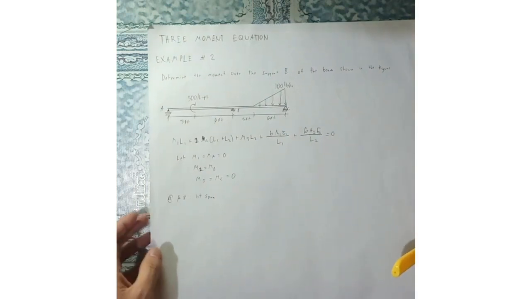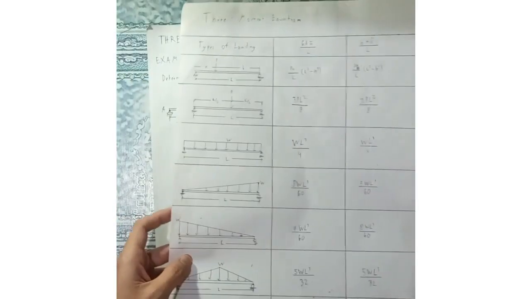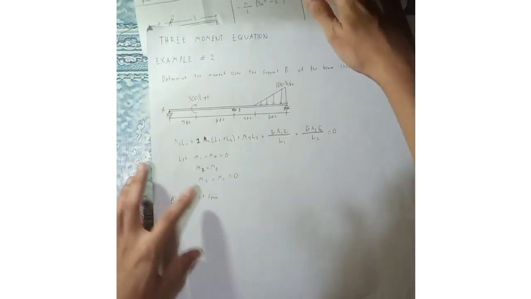Since it's a concentrated moment, we will use the side A formula, this one. Negative M over L times 3A squared minus L squared.